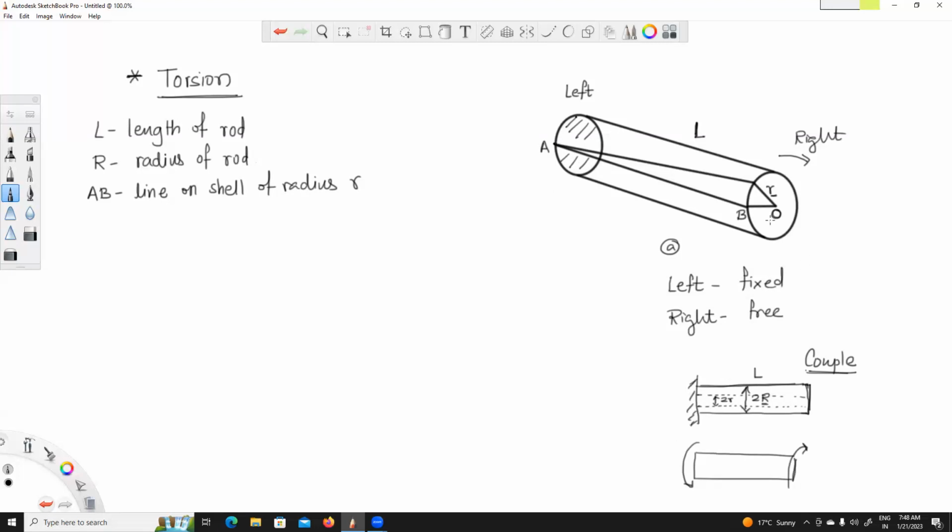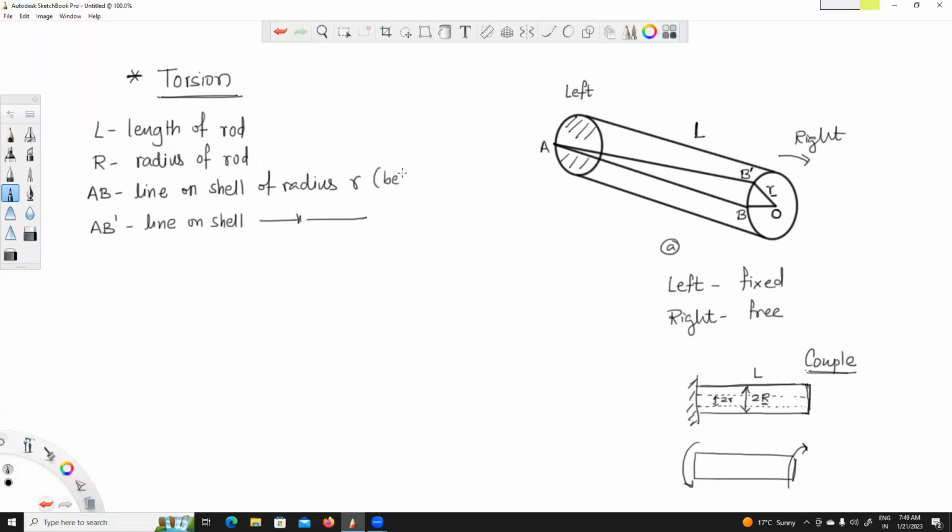So what happens then? If you twist, point B gets shifted due to twisting, and let's say it assumes a position B dash. Now this AB dash is the same line on the shell of radius r.